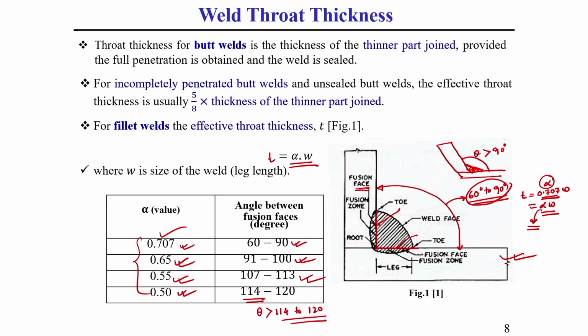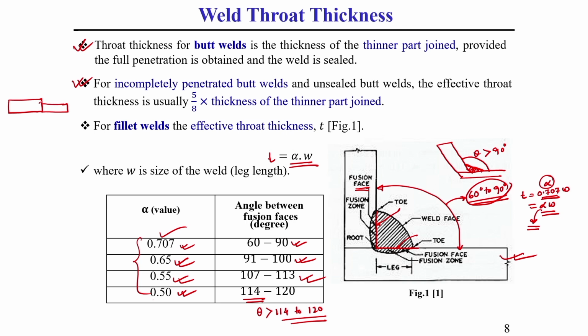Now, this is for fillet weld, but in case of butt weld there is also some standard we need to follow. Let us consider a butt weld joining two plates of different thickness.